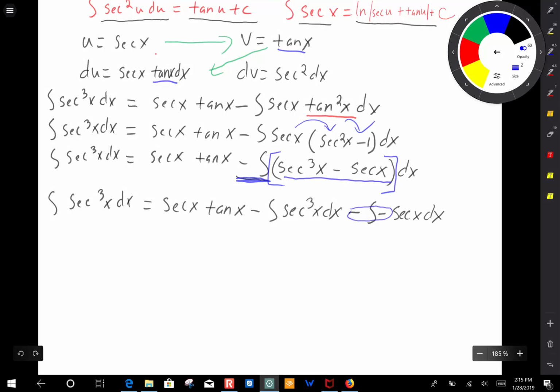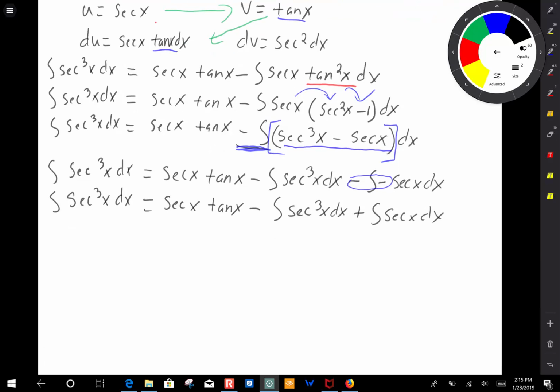So I'm going to rewrite it again with that. So the integral of secant cube x dx is equal to secant x tangent x minus the integral of secant cube x dx plus the integral of secant x dx. Okay? So it's just a lot of rewriting.